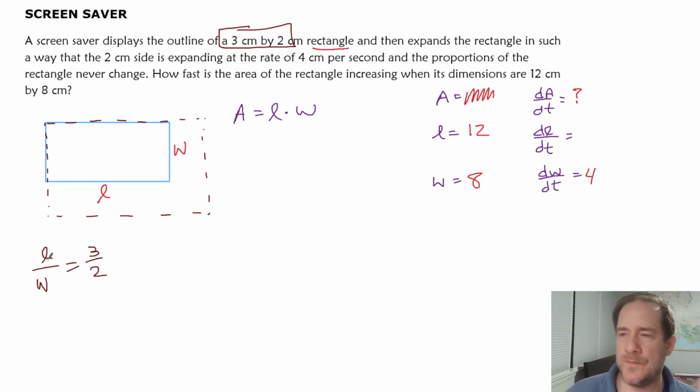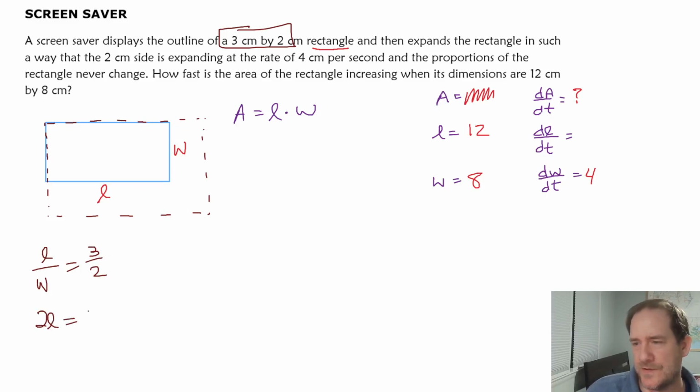So the length divided by width will always equal 3 over 2, which means I can cross multiply to get 2L equals 3W. Since I don't have information about L, L is the variable I want to replace in my equation. So I solve for L by dividing by 2, and we find that L is equal to 3/2 of whatever W is.